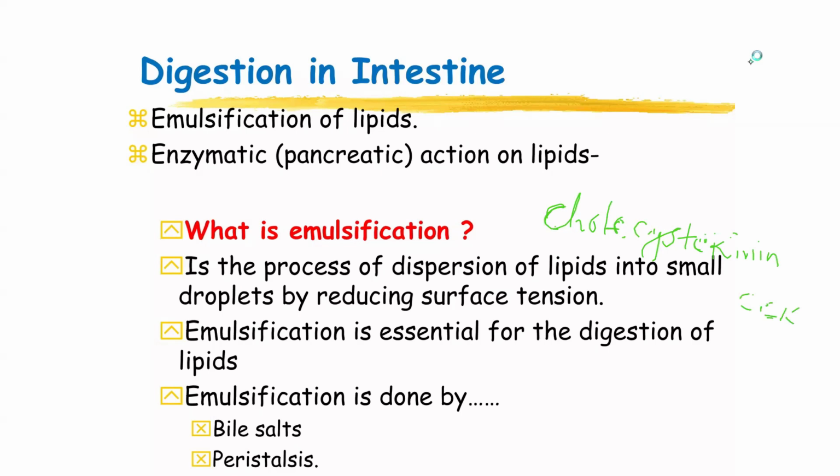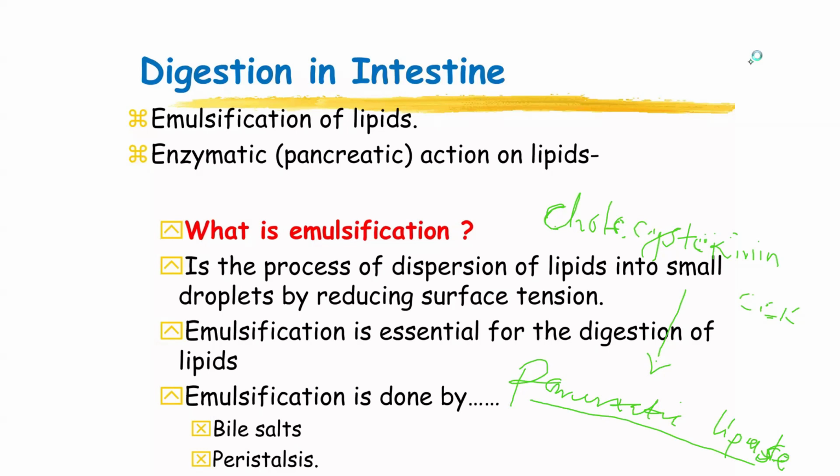This cholecystokinin is a hormone that stimulates the secretion of pancreatic lipase. It's found in the small intestine, and a major function of the hormone is to stimulate the secretion of pancreatic lipase.